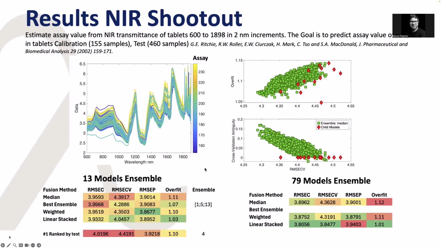This is the near shootout. And here again, you see some improvement. In this case, the one that seems to be winning is when we weight by the cross-validation error. So we have the lowest prediction error, very comparable to when we do the same thing on 79 models.